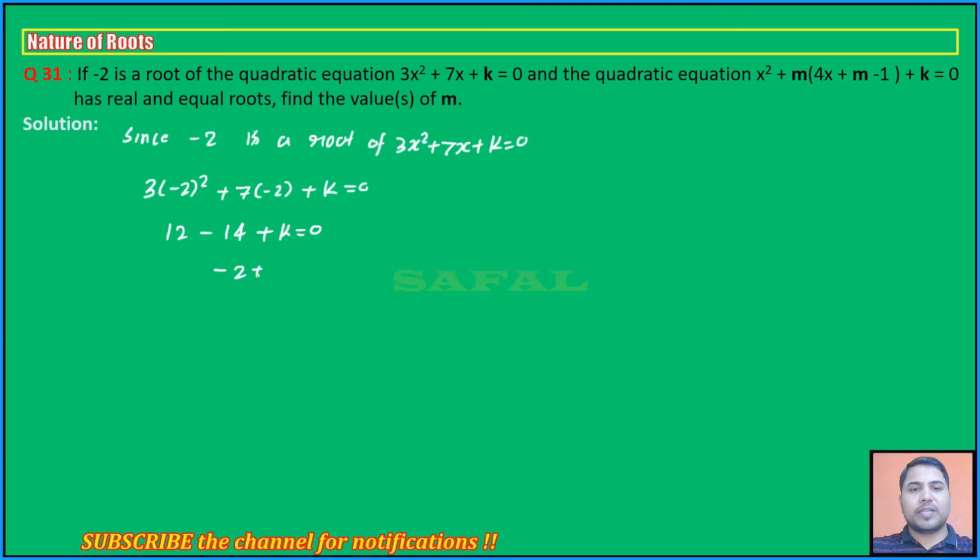So minus 2 plus k equals 0. So this will give the value of k as plus 2. So we have found the value of k.